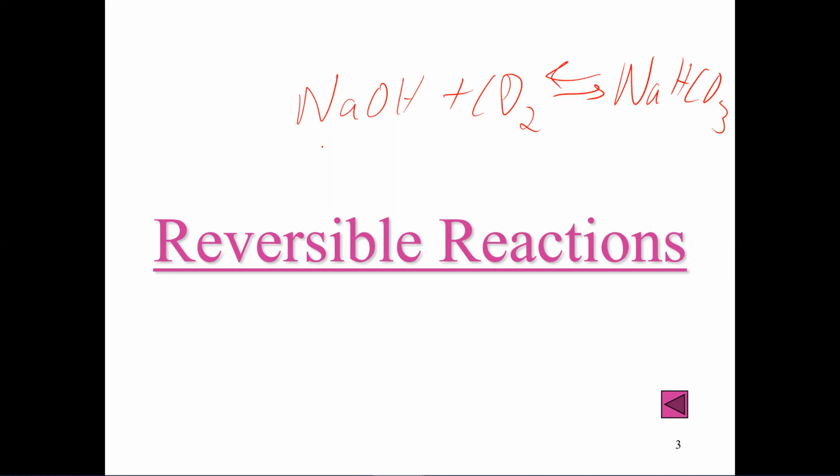If you have sodium hydroxide in the presence of carbon dioxide gas, it will form sodium bicarb. But if you heat this on this side, it will go the other way. So there's an equilibrium aspect to this.